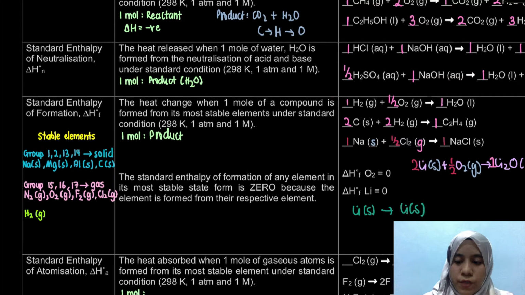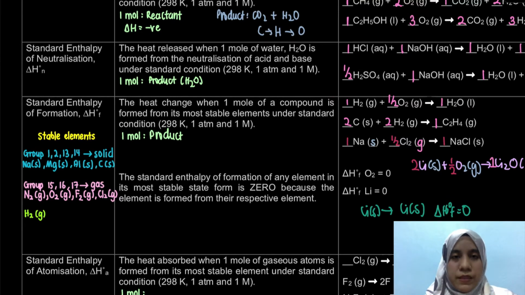Contohnya, formation of lithium solid. Dia punya stable element pun, kita tengok group 1, solid juga. So, lithium solid. So, sini delta HF kita is equal to 0. Kalau stable element, memang dia jadi 0 lah, originally. That is what is meant by this statement.